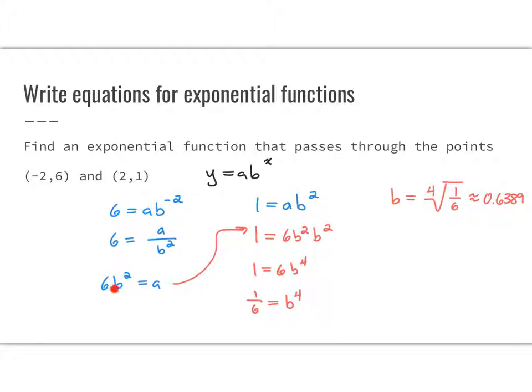Plug that in, and that lets us know that a is going to be roughly 2.4492.